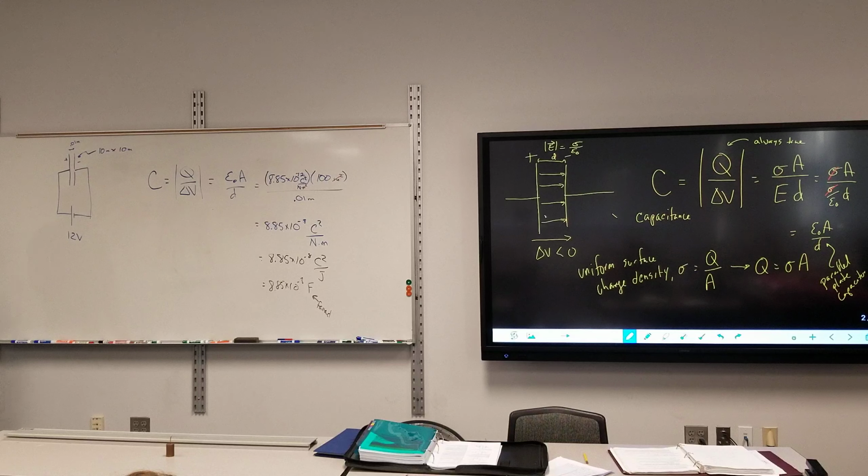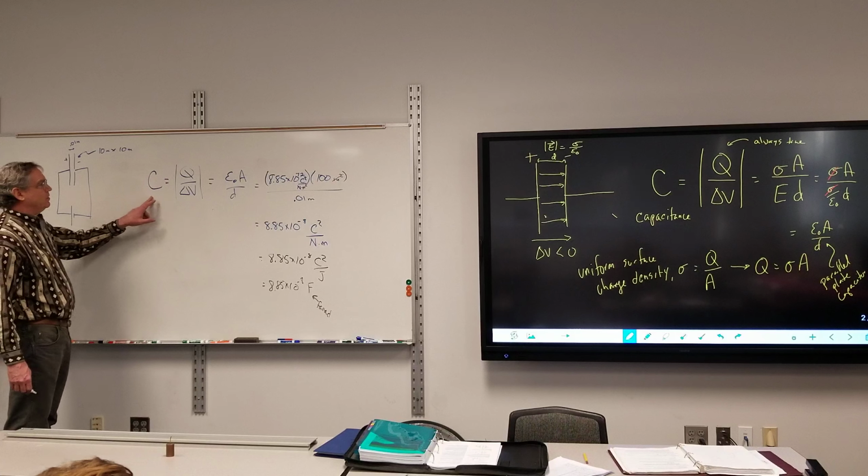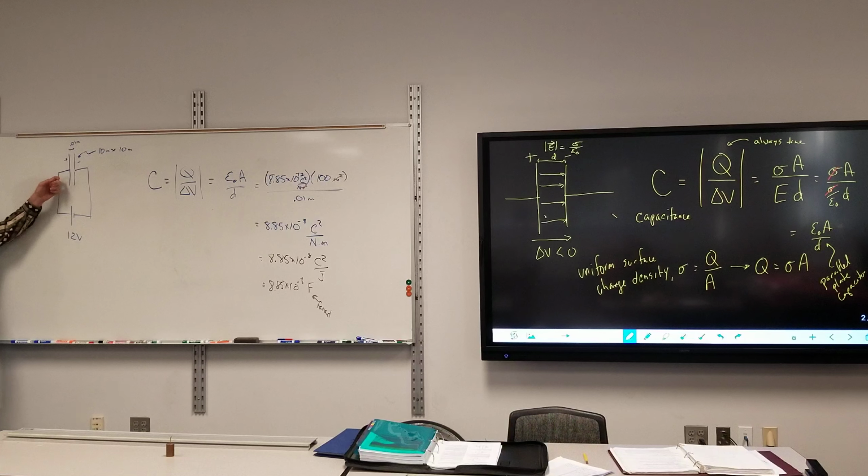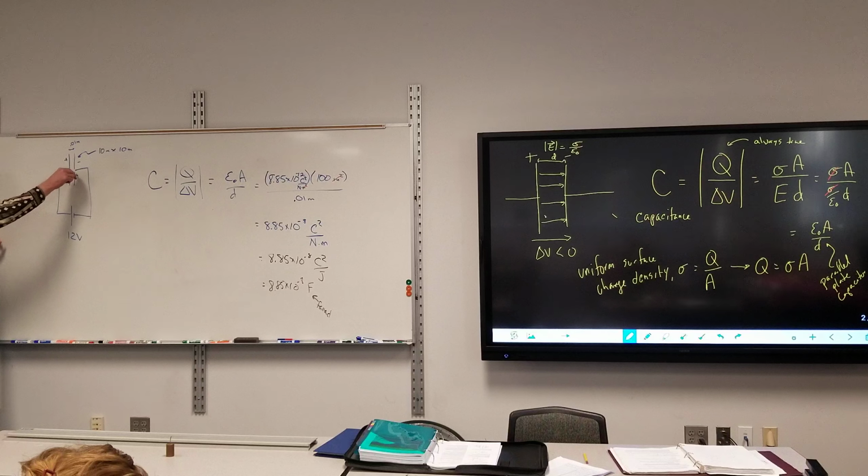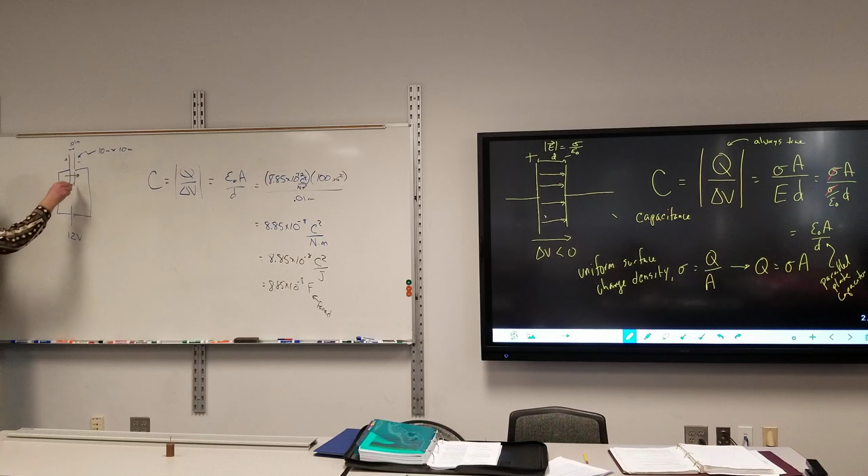Let's figure out the charge on the plates. I now know what the capacitance is. I know the voltage. What is the potential drop? What is the voltage between those two plates? What's the magnitude of the voltage between the two plates?